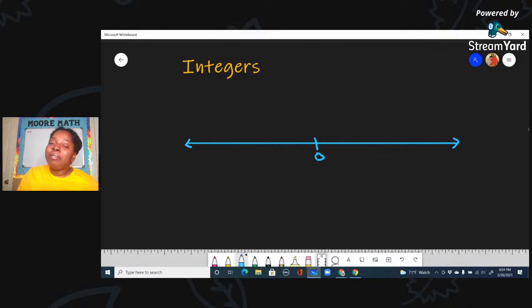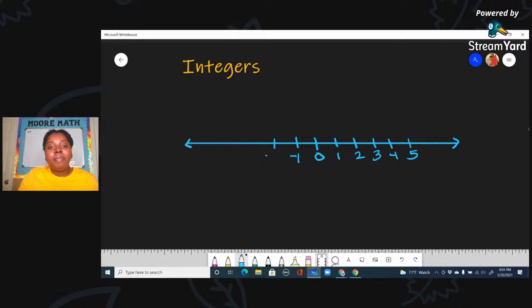So that's why we draw that arrow. And the numbers to the left of 0 go all the way to negative infinity. Yes, that's a thing. And so we draw an arrow on that side as well. All right. So I'm going to draw probably about 5 on each side. It's not perfect, but it will do.